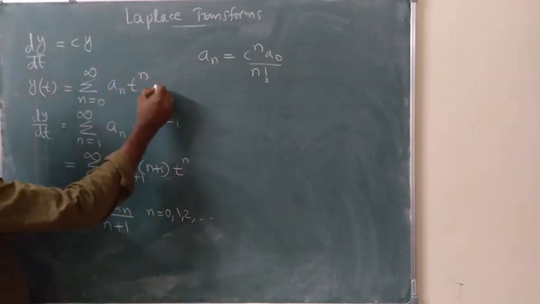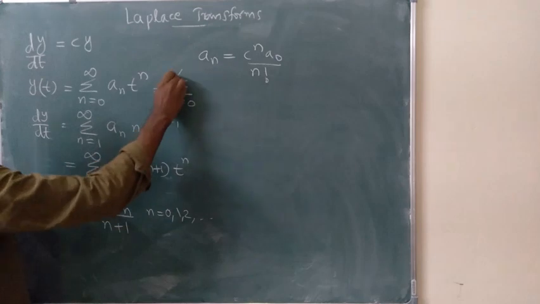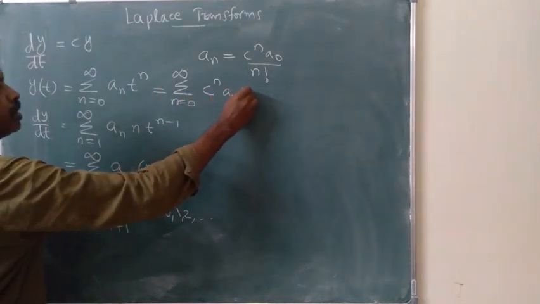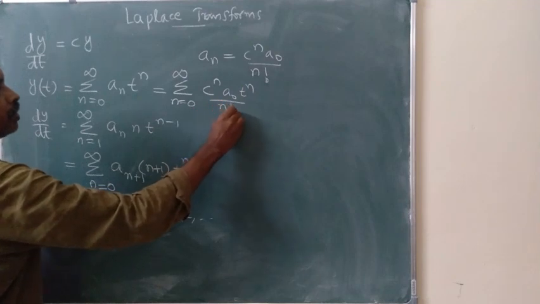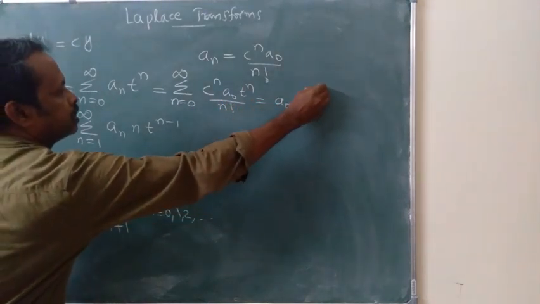So we substitute that here and obtain the solution as the sum from n equals 0 to infinity of c^n a_0 t^n divided by n factorial, which is equal to a_0 e^(ct).